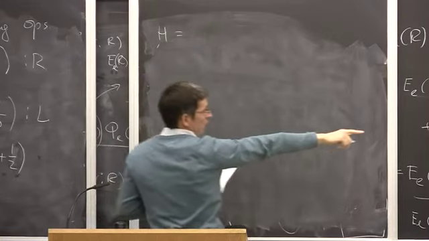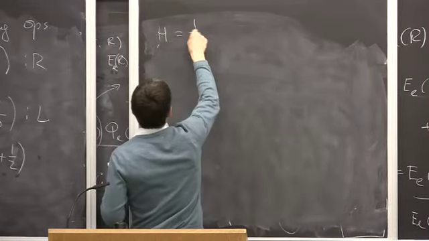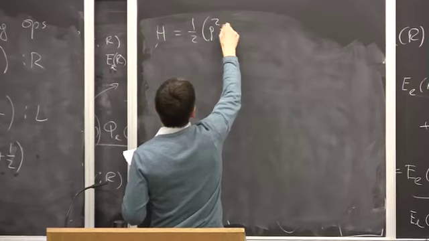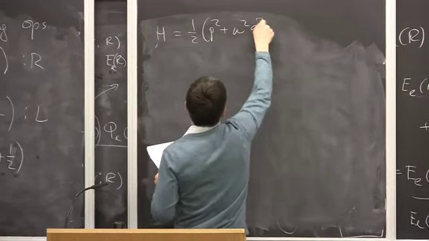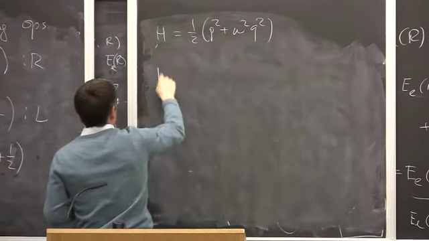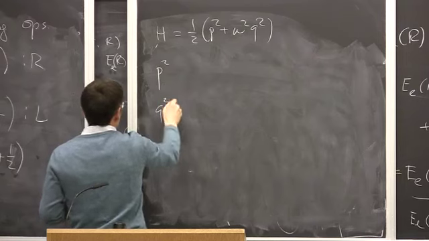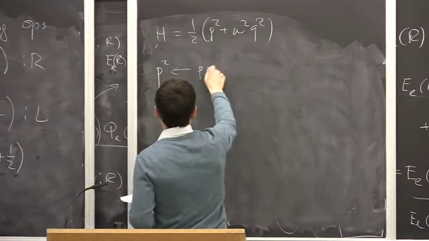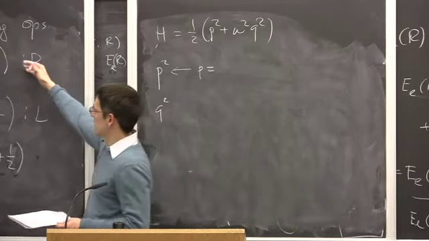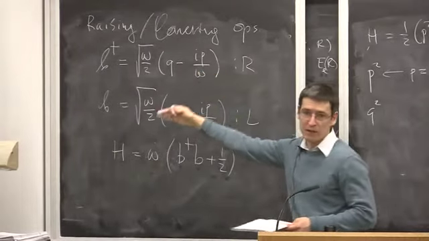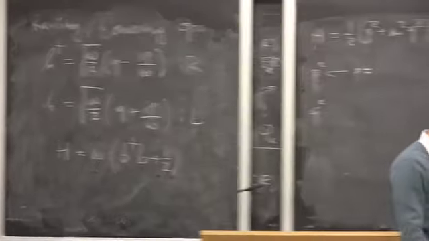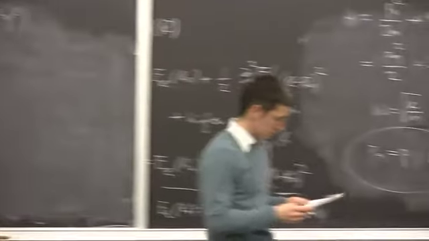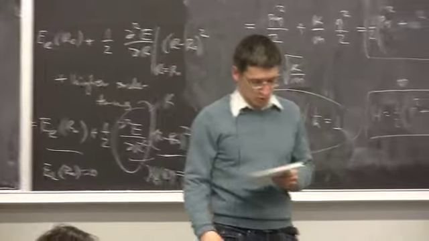We start with the form right there, 1/2 p squared plus omega squared q squared, right? So then we need p squared and q squared. We can get them from defining p. How do we obtain p from b and b dagger? So what is P and Q?